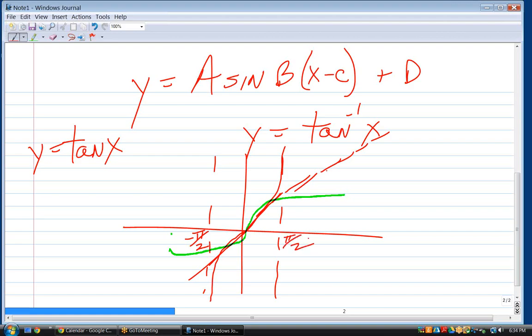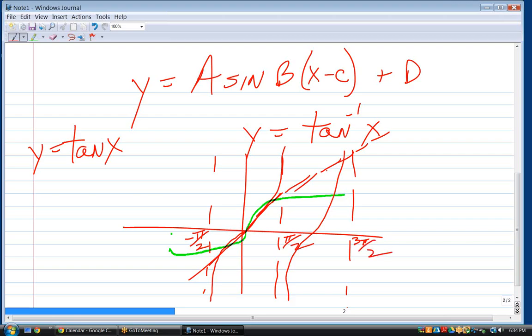Exactly. If I'm looking at the red graph here, then every pi it's going to have another graph like that. And so x can be anything except an odd multiple of pi over 2, because this is 3 pi over 2.